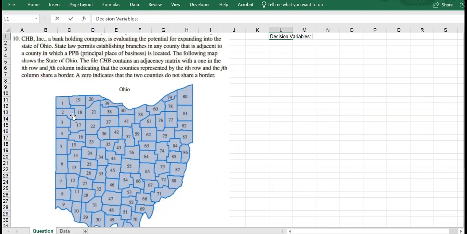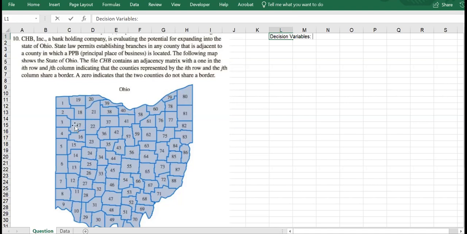For example, if they have a principal place of business, or a headquarter, in county 18, it would allow them to not only operate in 18, but also have a branch in all its neighbors, which includes 1, 2, 3, 17, 22, and also, since they share a corner point, 21, 20, and 19.